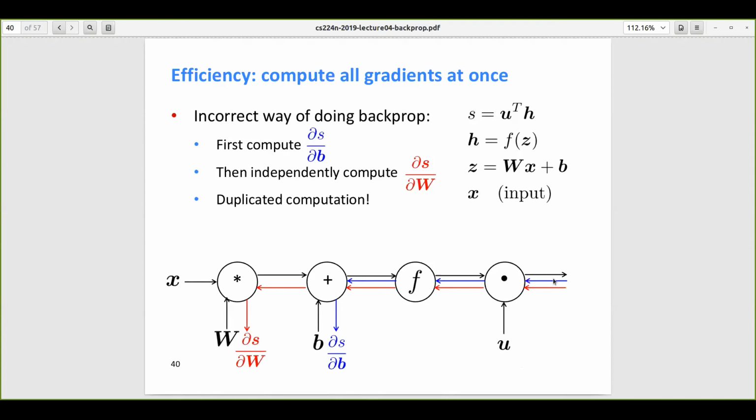If I remember correctly, in lecture it has been told that U is the last thing after which you get the final value of S. So the gradient with respect to U will be 1, so you don't need to exactly calculate it. Oh yeah. So when you're taking the gradient of S with respect to S, that's going to be 1.